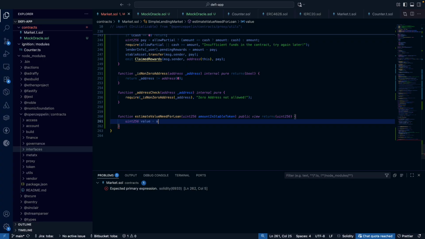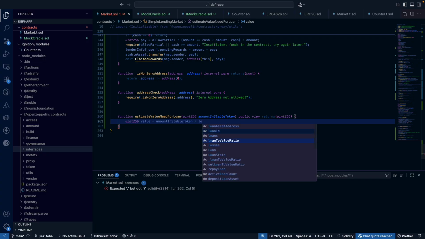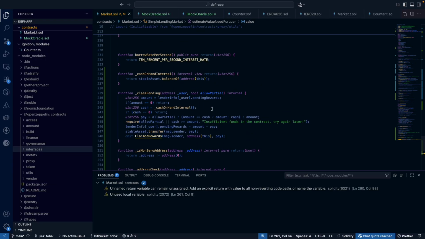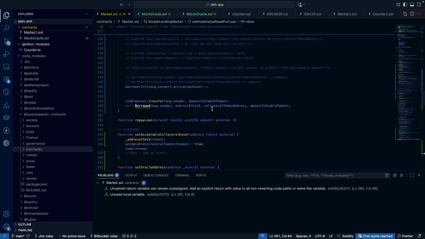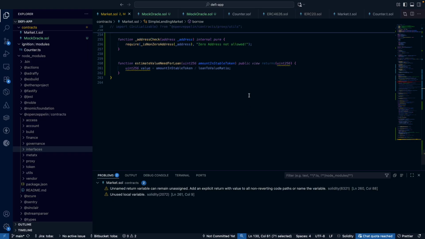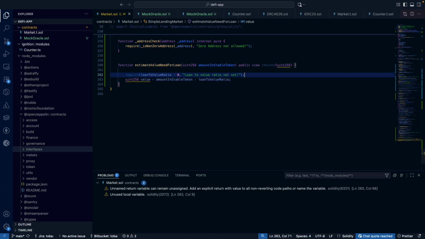So we're going to do amount in stable token divided by, what's the loan to value? Loan to value ratio. Obviously, the loan to value ratio must be set, a necessity here because you don't want to divide by zero.